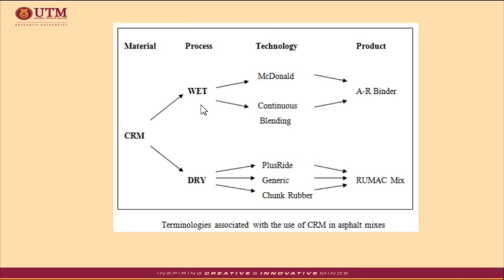Since the 1960s, researchers and engineers have used shredded tires in asphalt pavement. A few terminologies can be found related to crumb rubber modified asphalt mixtures. Some of the commonly used terminologies include asphalt rubber, rubber modified asphalt concrete, and rubberized asphalt. The differences in terminologies normally relate to the methods by which the mixture is prepared.